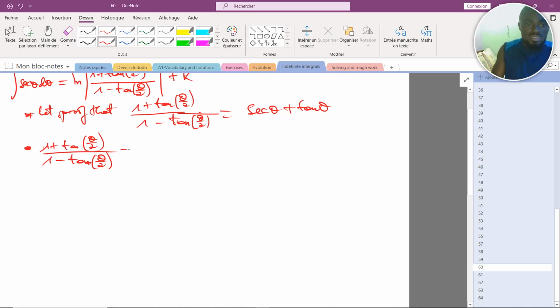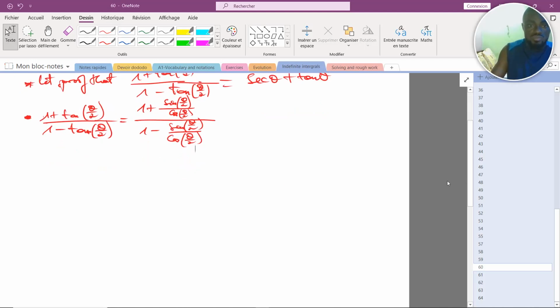So this will be equals to what? 1 plus tan theta on 2, which is the same thing as sine theta on 2 all over cos theta on 2. I'll do the same thing here: 1 minus sine theta on 2 all over cos theta on 2. Okay, very good. Now I'll arrange things.